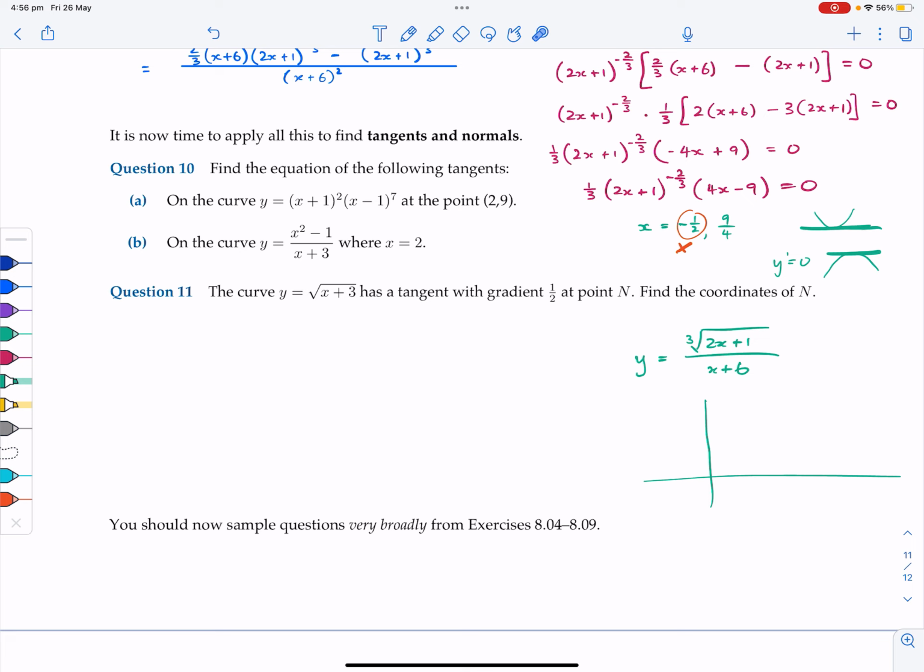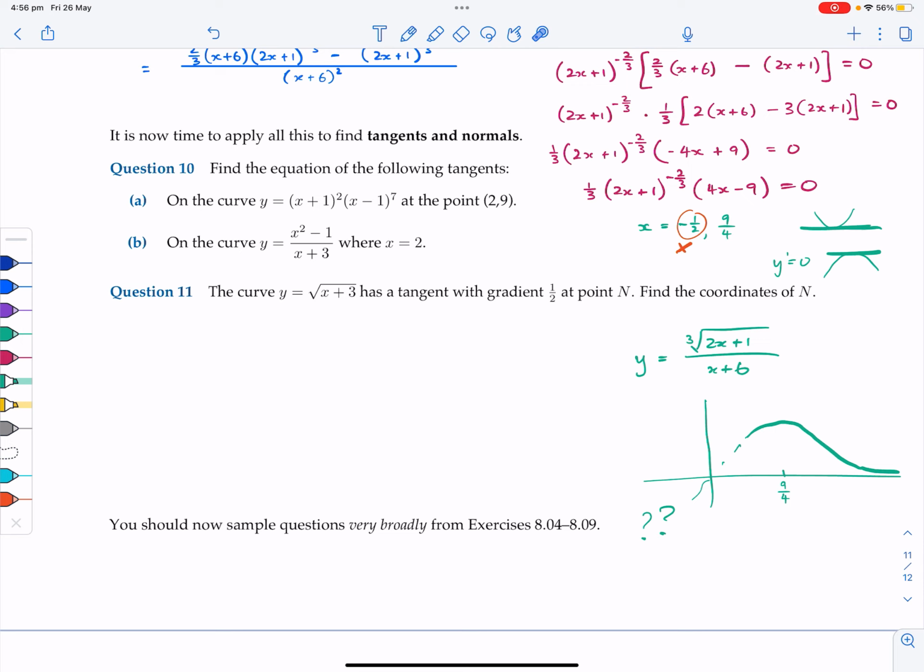So it's going to approach the x-axis, right? It's going to approach 0. And secondly, it has a stationary point at 9 over 4. So it's probably going to look something like that. Now, what it does over here, I'm not really sure, right? So, okay, I'll just put a question mark.